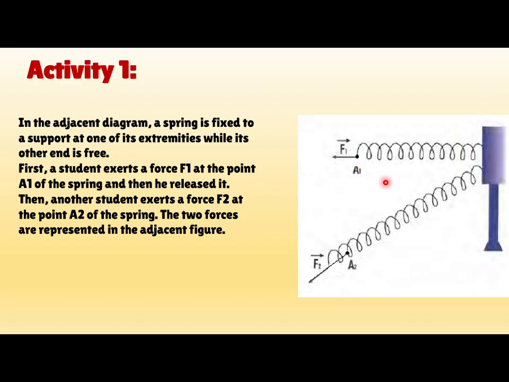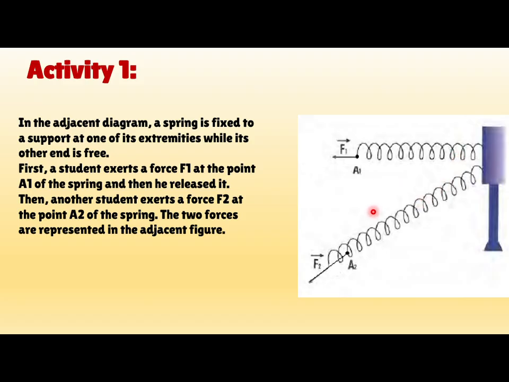Then another student exerts a force F2 on the same spring, at this point here called A2, and the two forces are represented in the adjacent figure. So student 1 starts the force here at the point A1. He exerts a force to the left, then releases the spring.